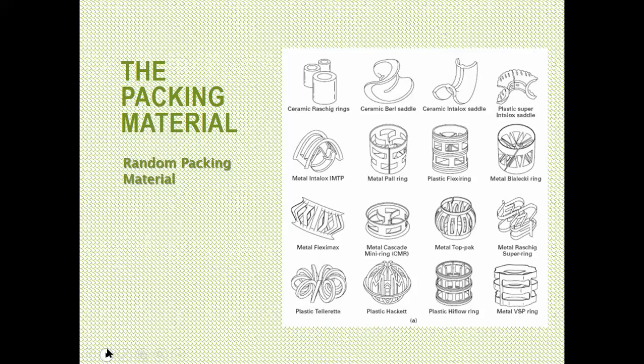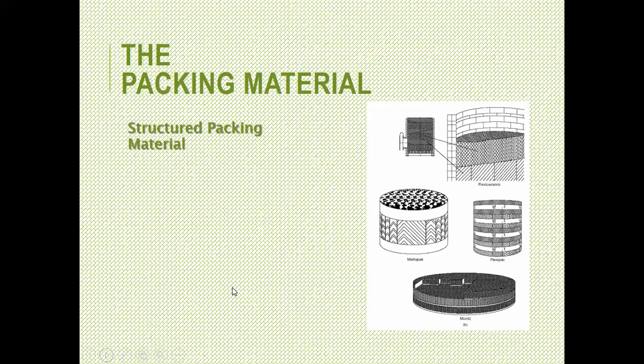Another type of packing material is the structured packing material, and I have a few here: the flex ceramics, the Melapacks, the flexipacks, and the Munts structured packing material. Though you can read in literature that the random packing materials are preferred over the structured packing materials. So I would like to show to you a video about how a particular packed bed absorption tower works.